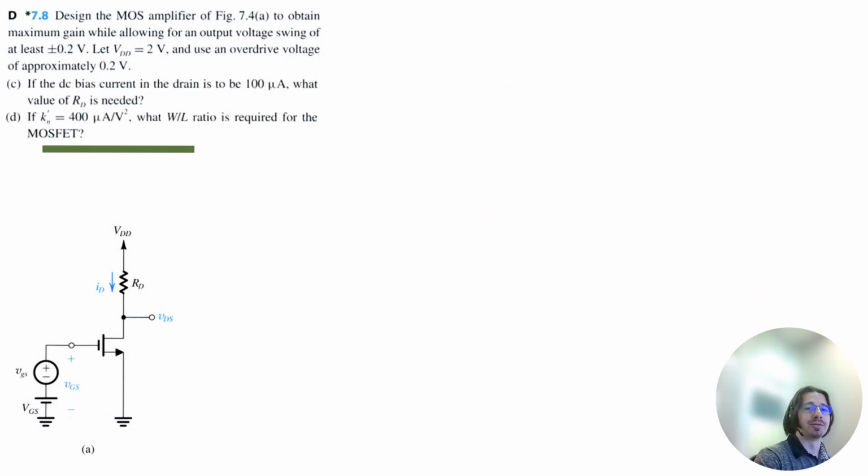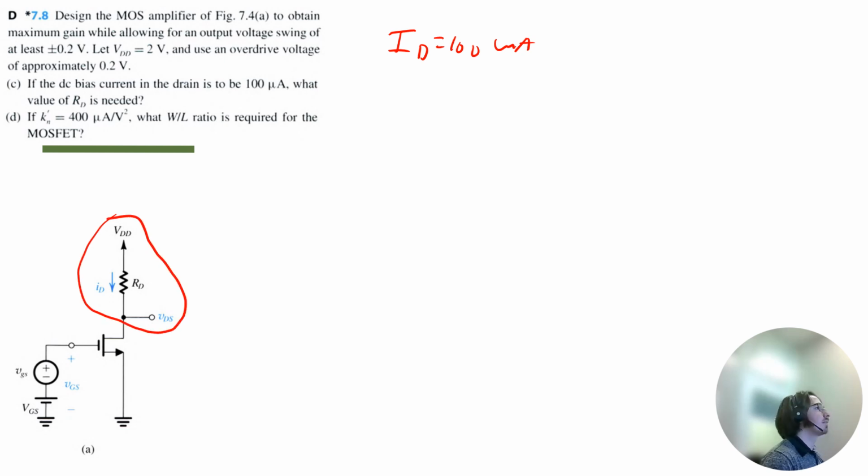All right, let's take care of parts C and D on the slide. So part C, if the DC bias current in the drain is to be 100 microamps, then what value of RD is needed? So that drain current is ID, it's 100 microamps. And we can solve for RD, right? If we take a look at this wire here, we can say that ID is equal to VDD minus VDS. And this VDS here is at point Q, which we already calculated.